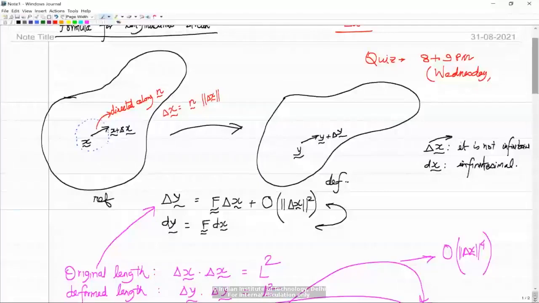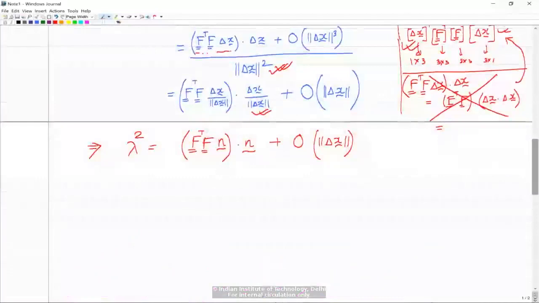So that's the last thing remaining in this formula: you take the limit delta x going to 0, and what you have is then simply F transpose F, N dot N. Okay, so maybe I'll put it here.